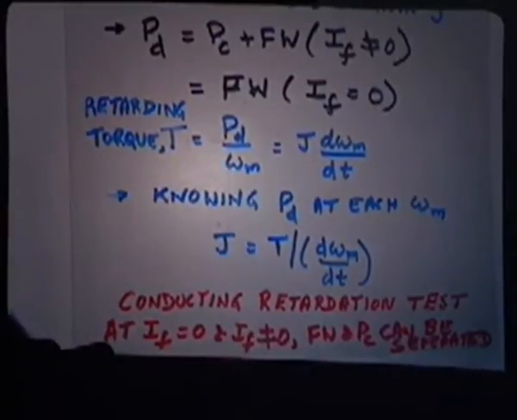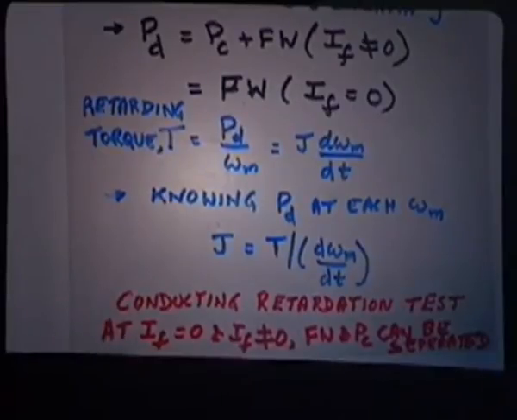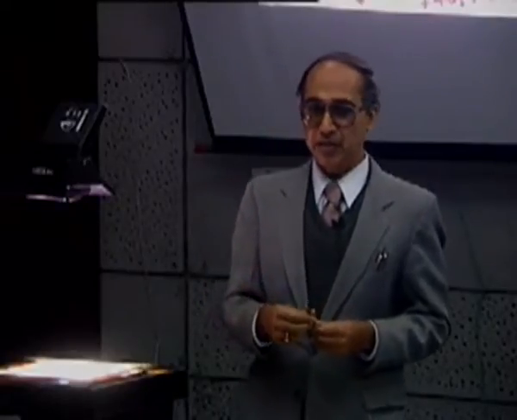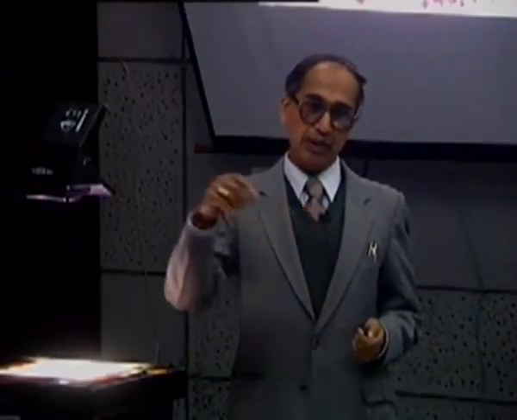Therefore, by conducting the retardation test with field current and without field current, we may separate out friction windage and core loss at different speeds. Or if you know the friction windage, we can calculate the mechanical loss at different speeds by conducting no load tests. If we do that, then we can also have an estimation of the inertia J.